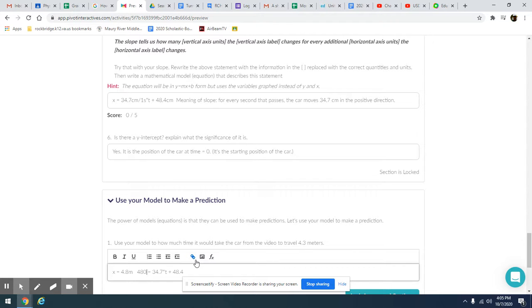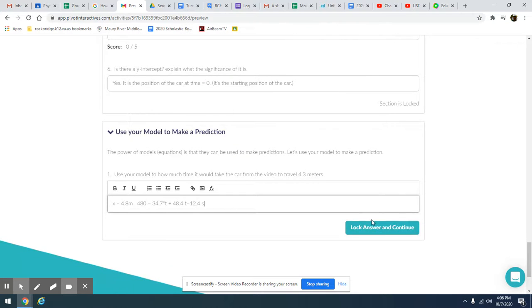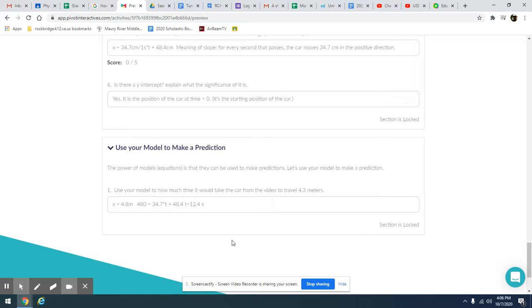Oops, I messed it up. Huh, that's funny. So 480, I'm subtracting the 48.4 over to the other side. I'm going to divide by 34.7. And I got about 12.4 seconds. Oh, that's that. All right.